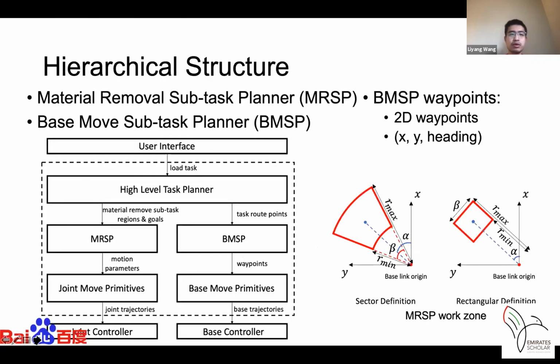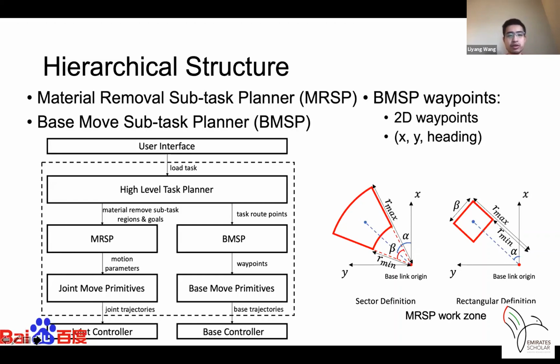So this is our architecture of the entire planning. So first, let me introduce two concepts defined here. The first is called Material Removal Subtask Planner, we call it MRSP. And another one is Base Move Subtask Planner, called BMSP.